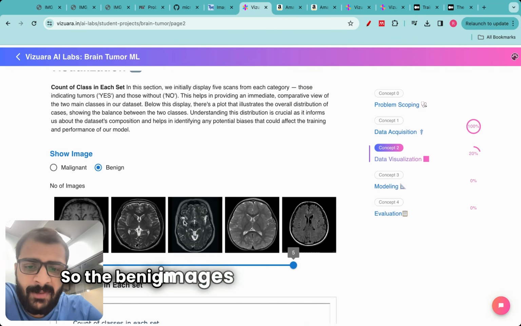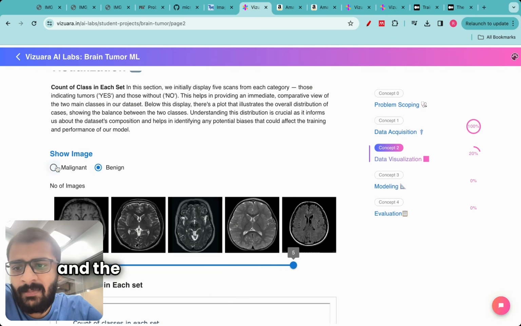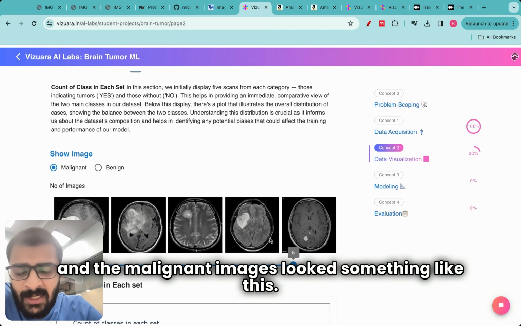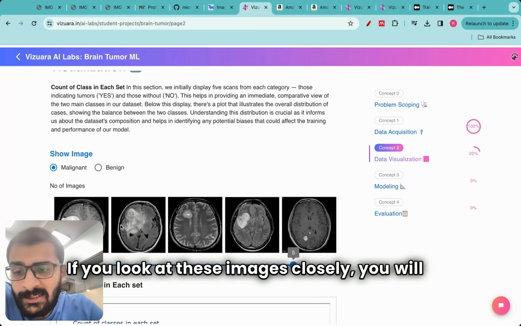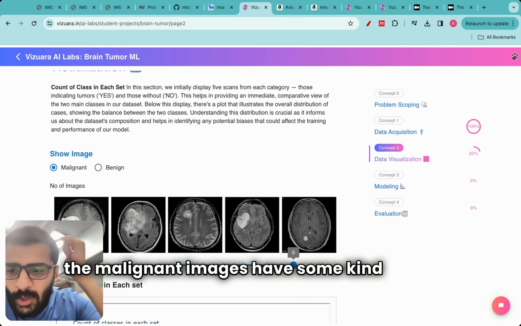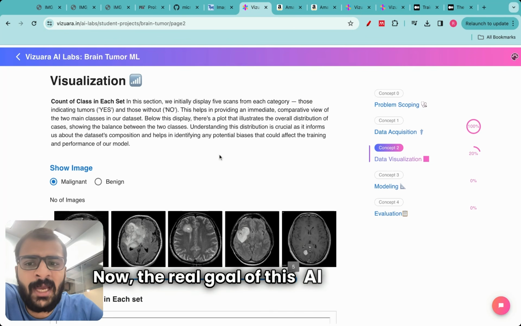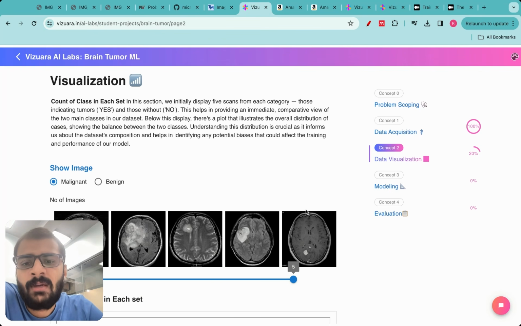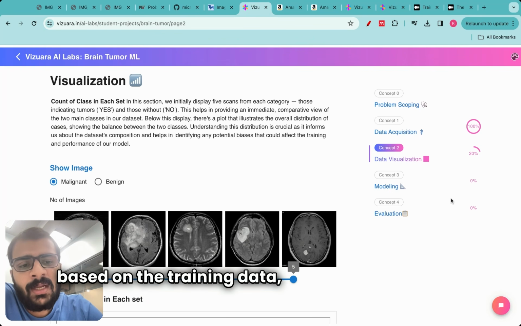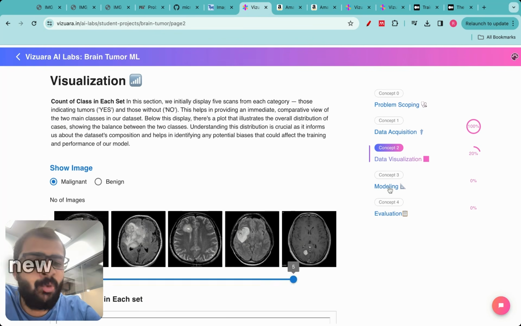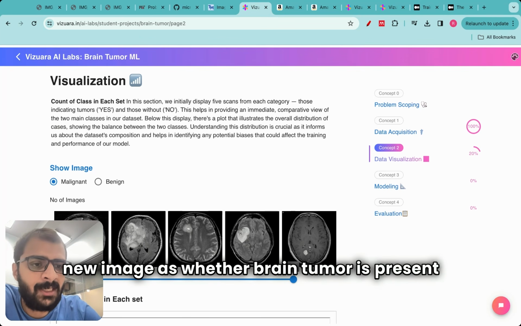So the benign images looked something like this, and the malignant images looked something like this. If you look at these images closely, you will see that the malignant images have some kind of a spot here. Now, the real goal of this AI model is that based on the training data, it has to evaluate any new image as to whether a brain tumor is present or absent.